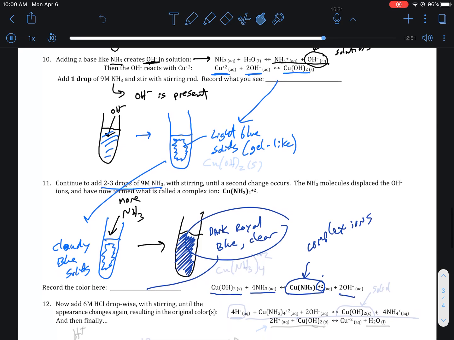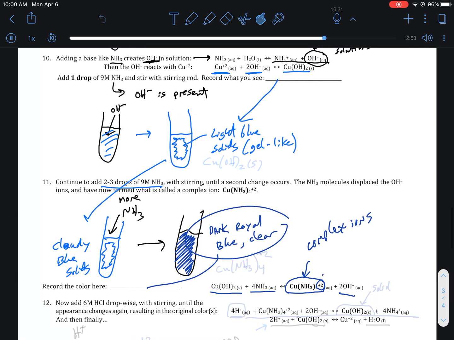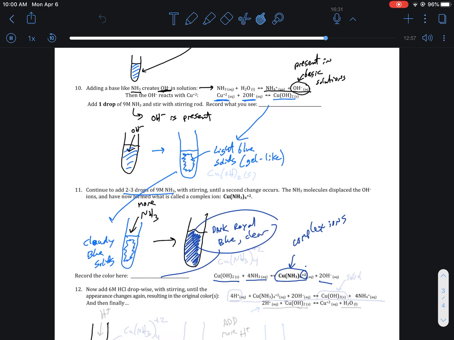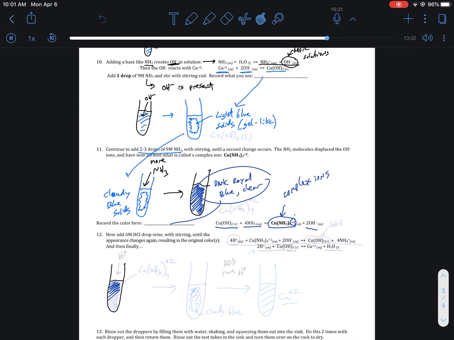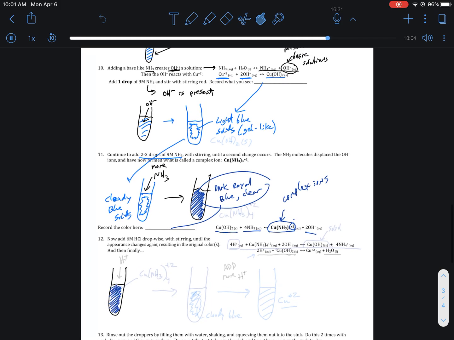So, continuing on. That same test tube from step 11 that contains my dark royal blue complex ion, to this we add hydrochloric acid.